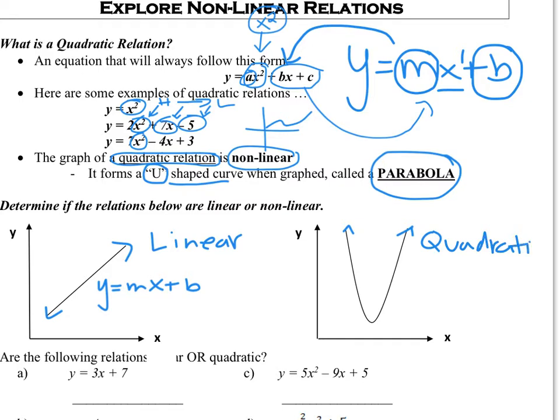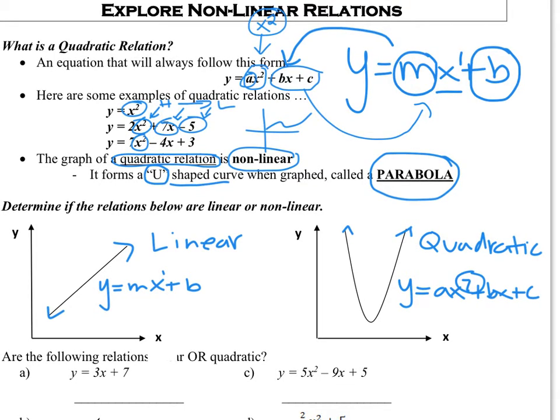It has the equation ax squared plus bx plus c. How do I know this is a quadratic? I see that x squared. How do I know this is linear? Because it's only got the highest degree of 1 in that y equals mx plus b. And these are the shapes that we're going to be producing, these U shapes, which we call parabolas.